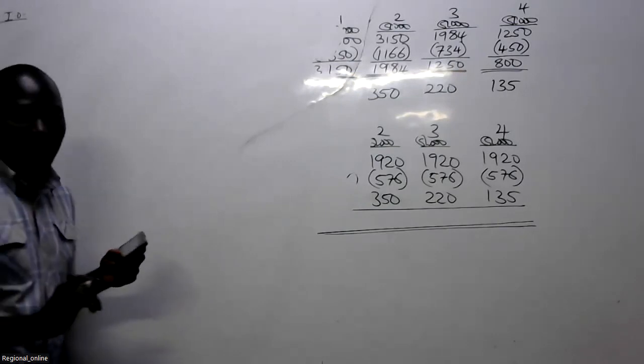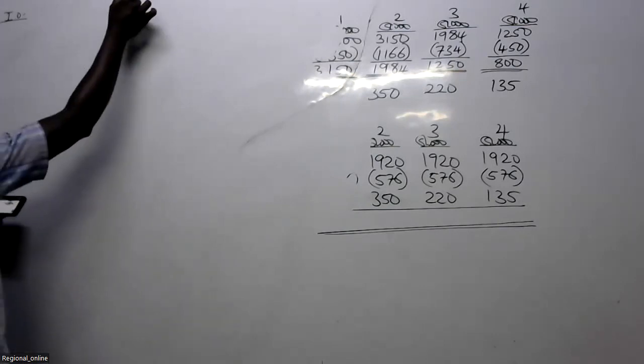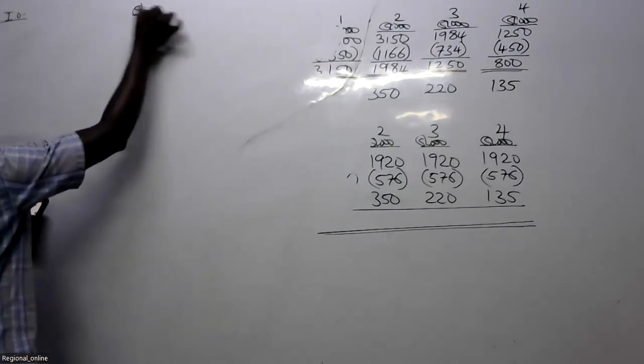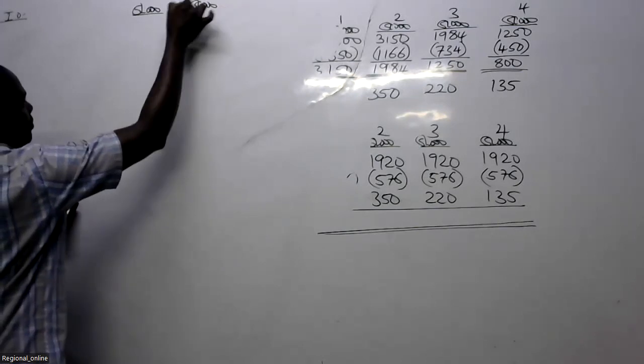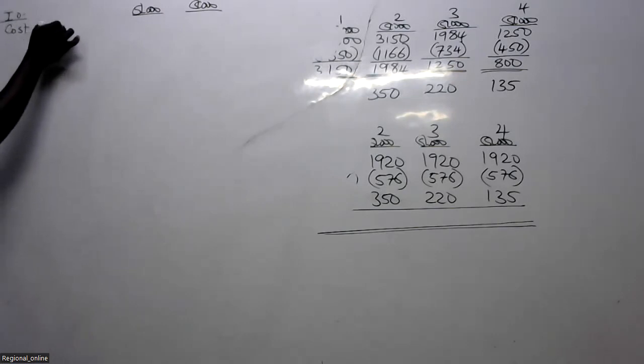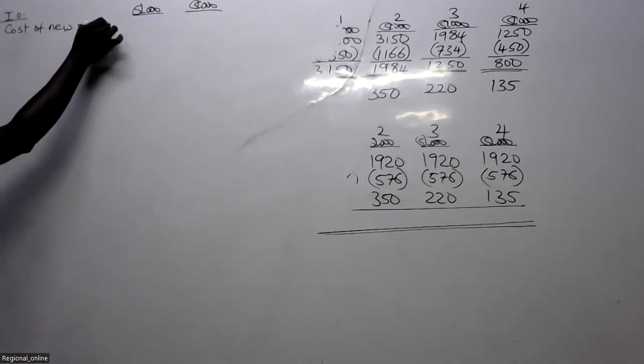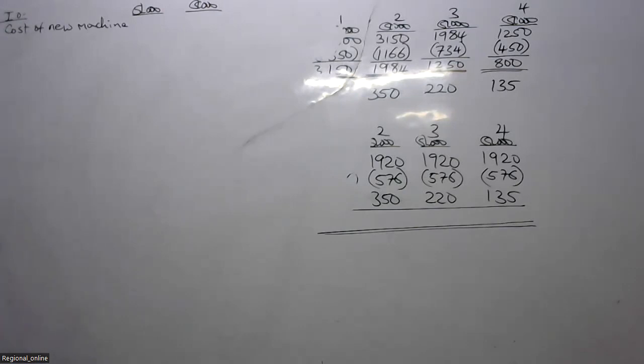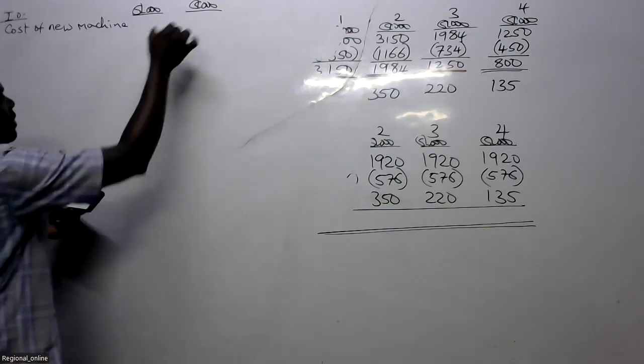So the initial outlay. We have cost of new machine. The new machine will cost how much? 600,000.